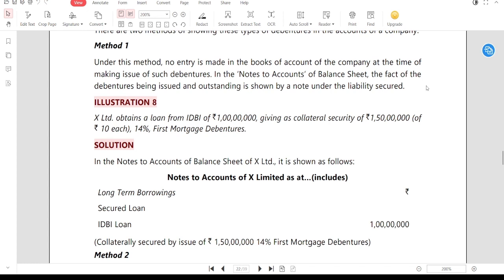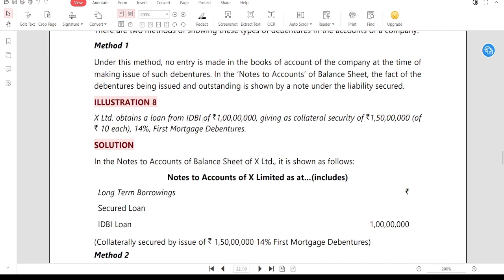Okay, see the question 8 here. Okay, let's discuss this. So when we are using method 1, we need not do any journal entry in the books, but rather we are going to show the understanding in the notes to accounts.